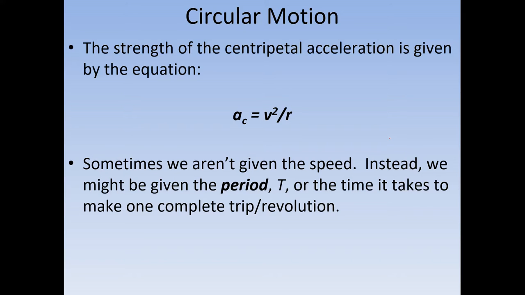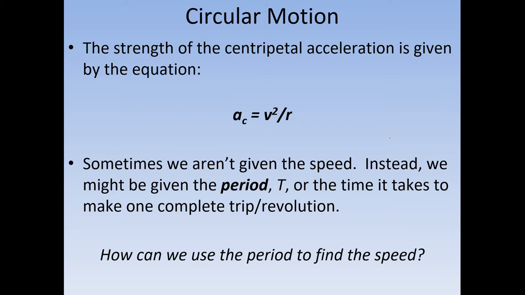So we need to find a way to rewrite this equation in terms of period, things that we would be able to measure in a lab right off the bat. So how do we find the period? Well, if you recall, one of our general equations for speed is distance over time.